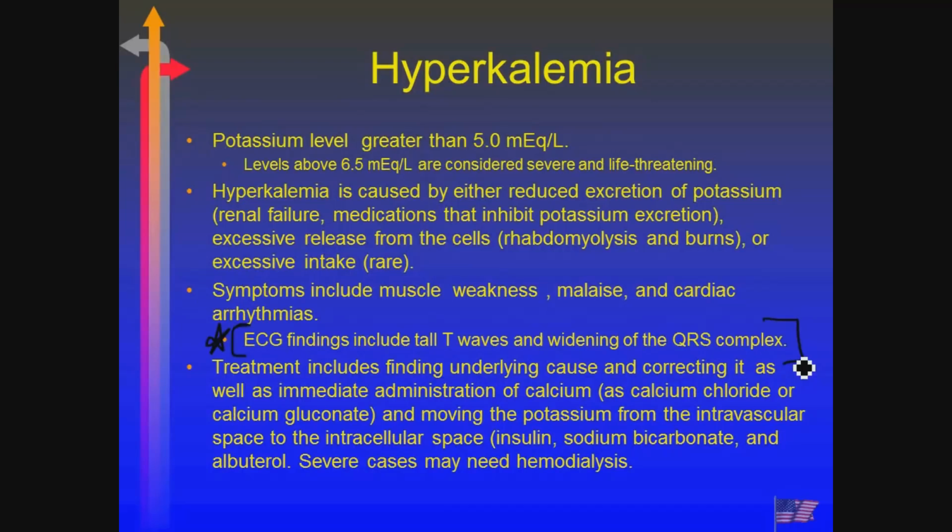A continuous nebulization of albuterol will reverse hyperkalemia because one of the side effects is potassium loss. And in really severe cases, we can do hemodialysis. When we talk about pulseless electrical activity, one of the causes can be hyperkalemia. A lot of times we'll see the heart become very ineffective as a pump in those states, and rapid reversal is needed.